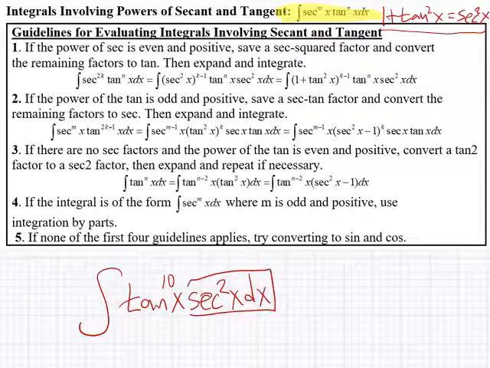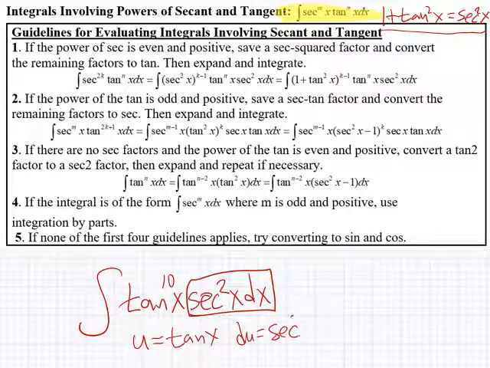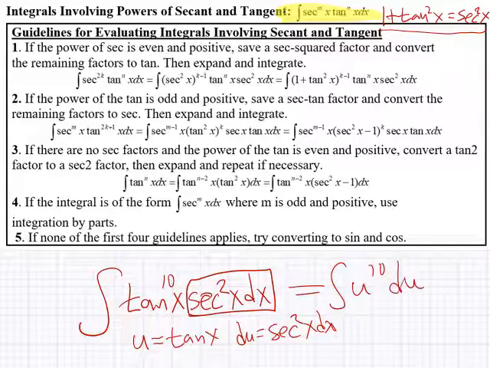Secant squared is the derivative of tangent. And so, very similar to the very first problem we did today, it's already set up. This is something you could have done in Calc 1. u is tan x, du is secant squared x, and this integral becomes the integral of u to the 10th du, which you can then do.